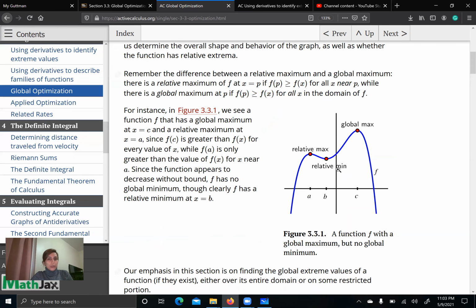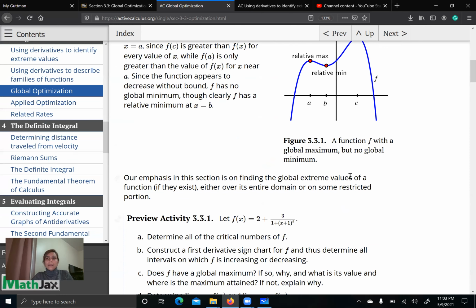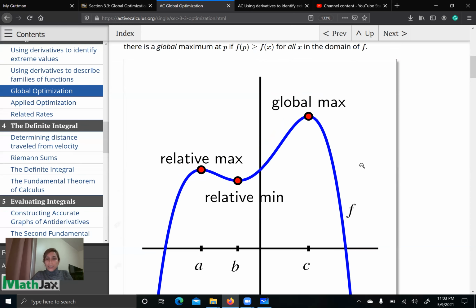By the way, you may argue that at C we can also say that it's local. That is true, because not only is it greater than anything, it also is in its neighborhood. So at C, f of C is a local max and global max. But the other two, f of A and f of B, are just local extreme values.